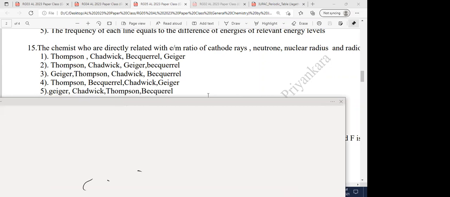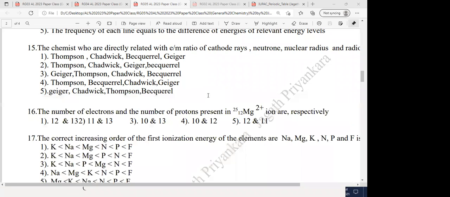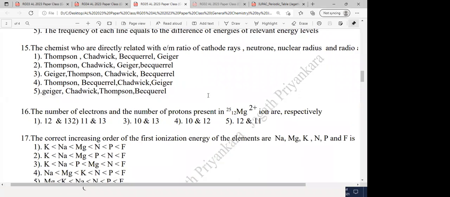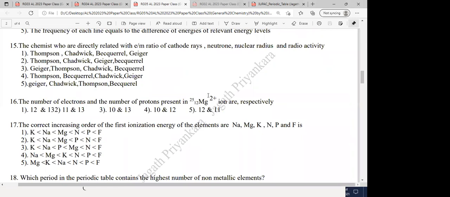Chemists directly involved in the e/m ratio of cathode rays, neutron, nuclear radius and radioactivity. Okay, only Chaniti gave the answer. Ransiluni gave, Zishan also gave. What about Dinitmi? 1, 1, 1, 2. Three of you have given the first answer, one has given the second answer. Now let's see. First or second? Radioactivity was discovered by Henry Becquerel.